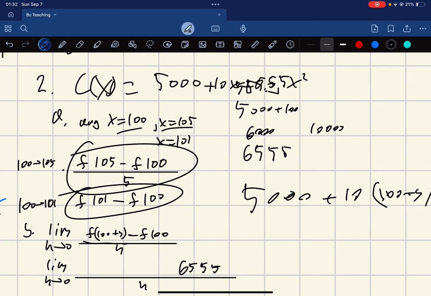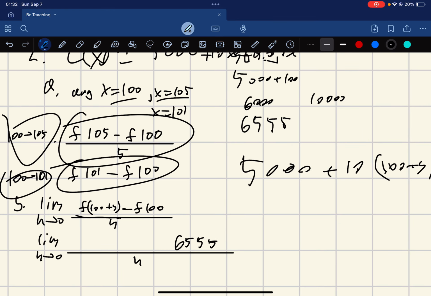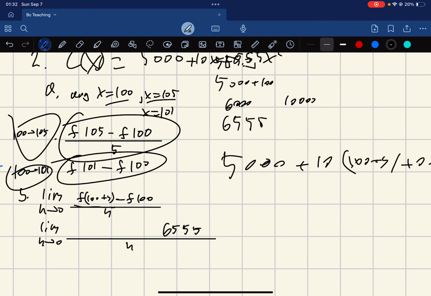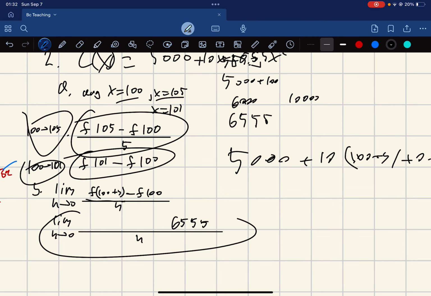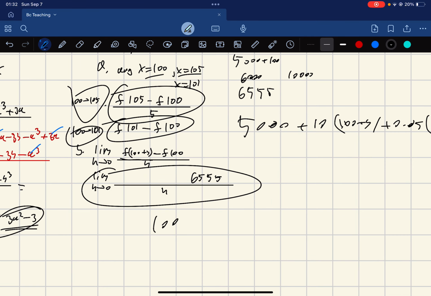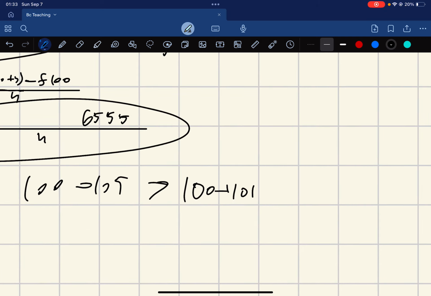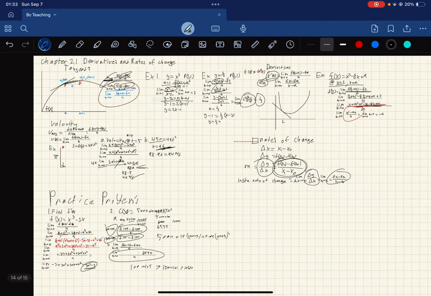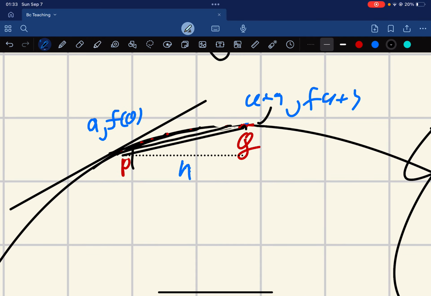And this tells you on average how much it costs to make 100 to 105. And this is 100 to 101. And you will notice that 100 to 105 is greater than 100 to 101, which is greater than instantaneous.